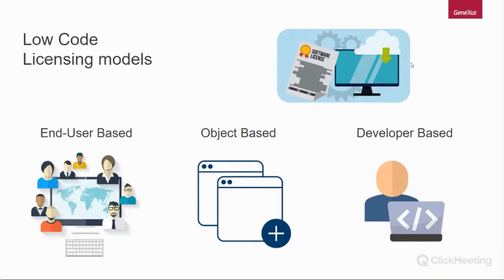And finally, we have the developer-based licensing model, which focuses on addressing the developers themselves. So for example, if the IT team in my company has 5 developers, and the 5 of us will be developing the application, we'll need 5 licenses, one each.